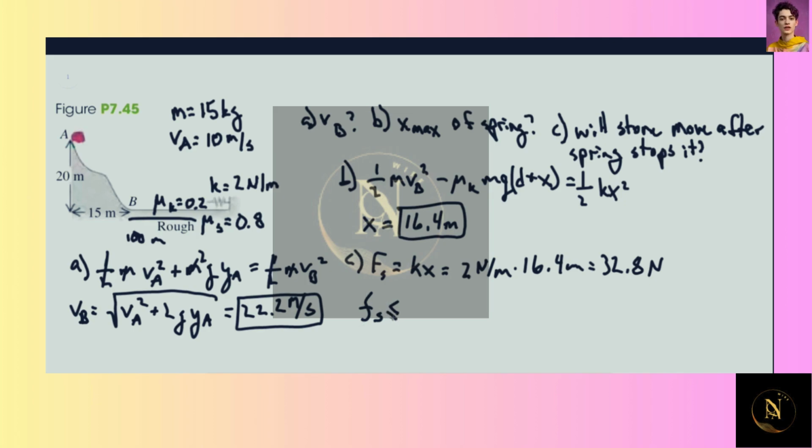And the static friction force is less than or equal to mu_s times the weight of the object. Since this is horizontal, the normal force is just equal to its weight. And so that gives us 118 newtons.